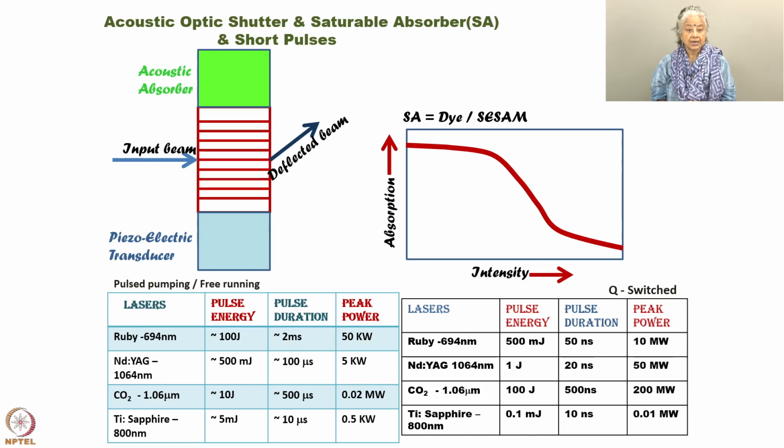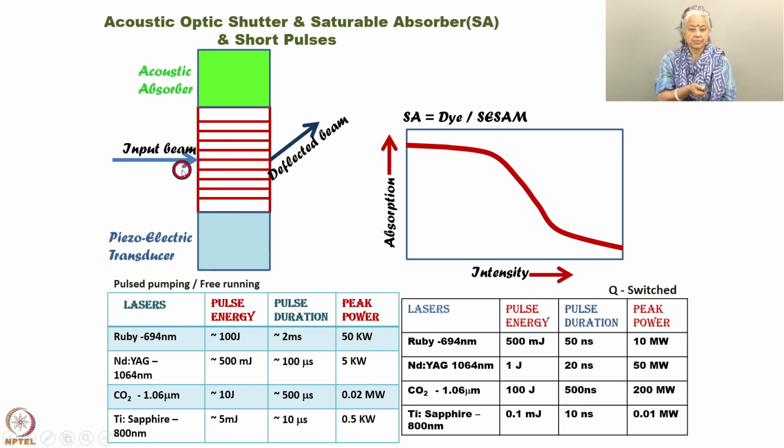So, here let me describe the Acousto-optic shutter, which is a material, as you can see here, consider it to be a material which is here. Okay, it could be a crystal, it could be a semiconductor part or anything.